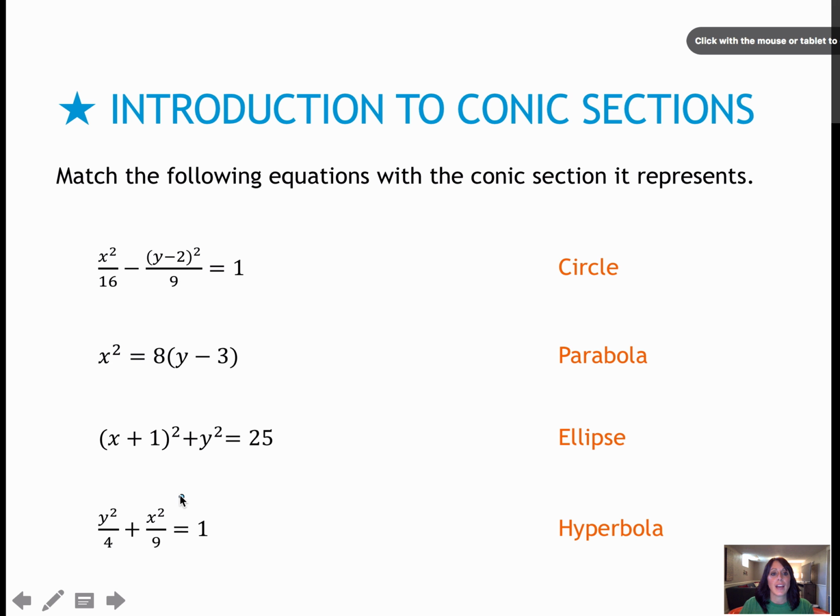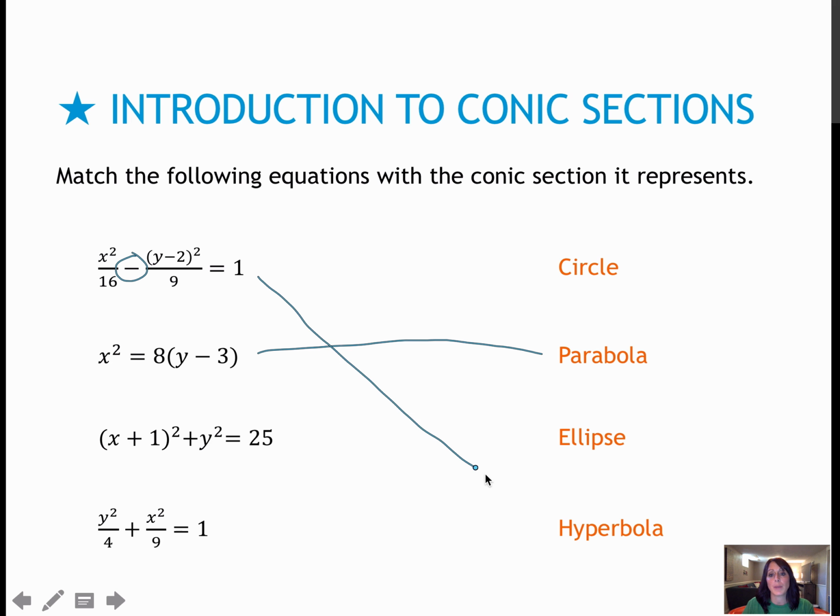So again, looking for the easy one first, I'm looking at the parabola because the parabola only has one squared value. So in this case, the x is squared, the y is not. Then I would look at probably this one next that has the subtraction sign in between. Again, notice it has different denominators, not as important for a hyperbola, but that would be a hyperbola because of the subtraction.